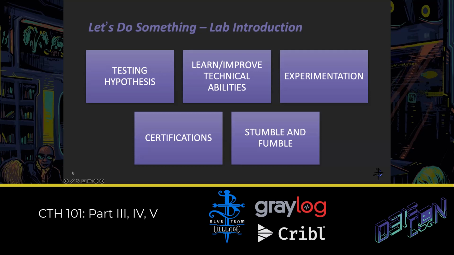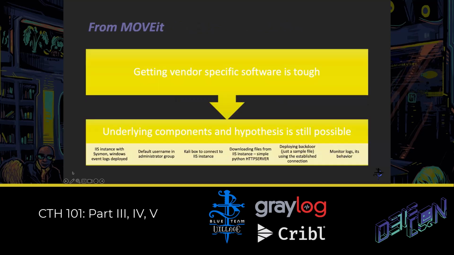Continuing with the example of MoveIt, a proprietary software from Progress, we can request a trial period and perform all the experimentation we want, recreate the lab or recreate the attack, how it was performed and everything. However, as we have seen, this process can be expanded beyond just this proprietary software.